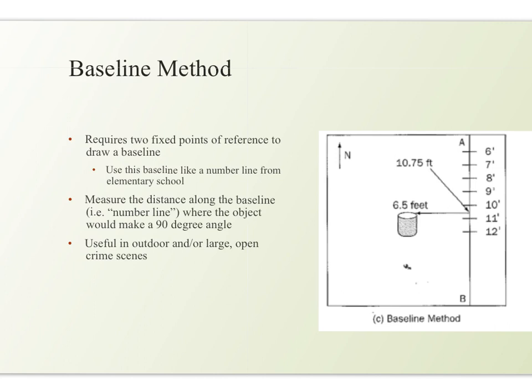Essentially, you're going to be creating that baseline like we did in the triangulation method, but here we don't have to worry about any angles except for 90 degrees. This reminds me of back in elementary school when you had to draw out the number lines, with a 0 and 1 and 2, 3, and so on. That's essentially what you're doing here for the baseline method.